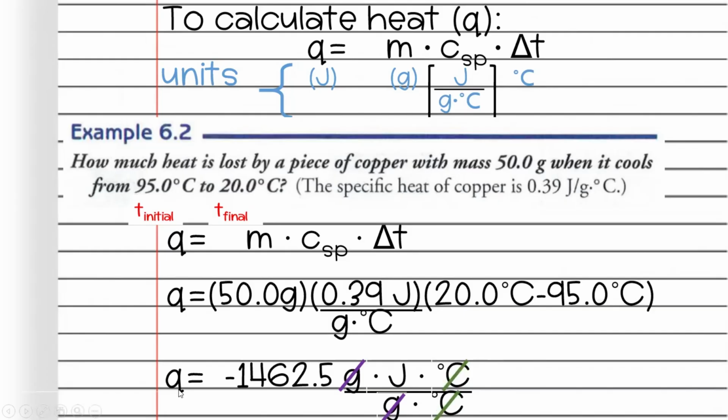That leaves us with Q equal to negative 1462.5 joules. Because the specific heat only has two significant digits, our answer can only have two significant digits. So we have to round this to negative 1,500 joules.